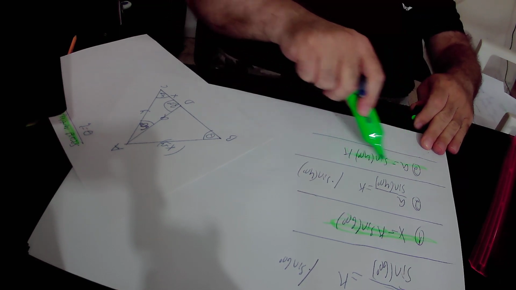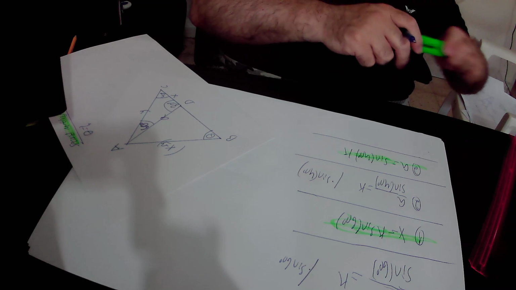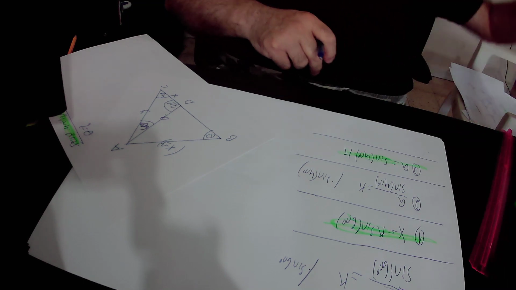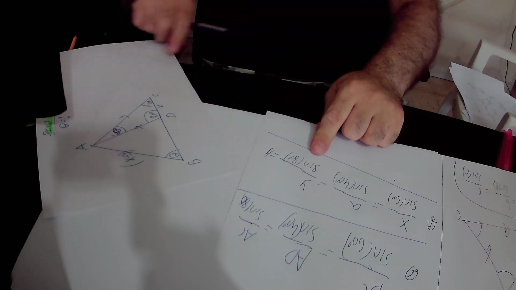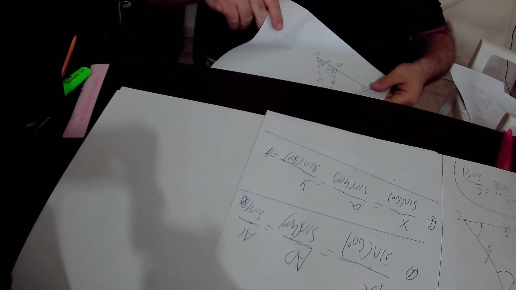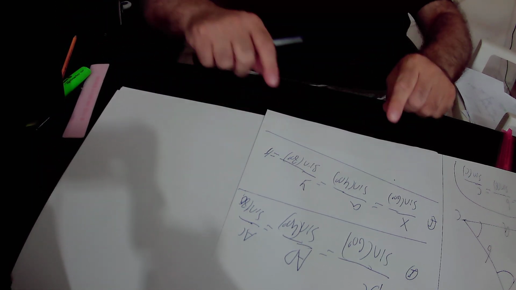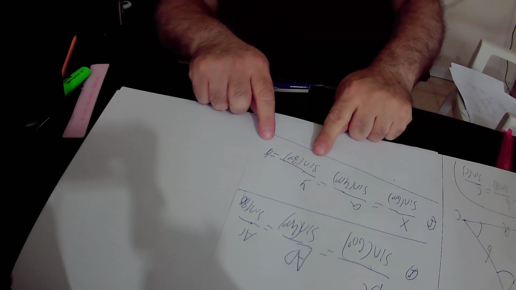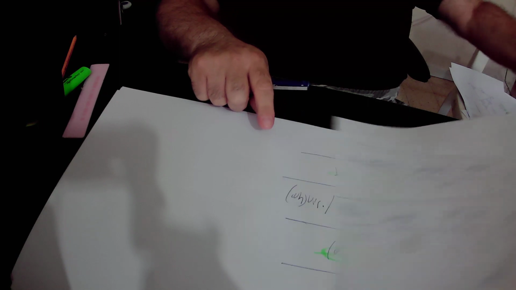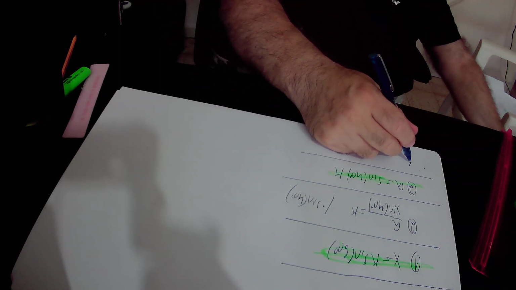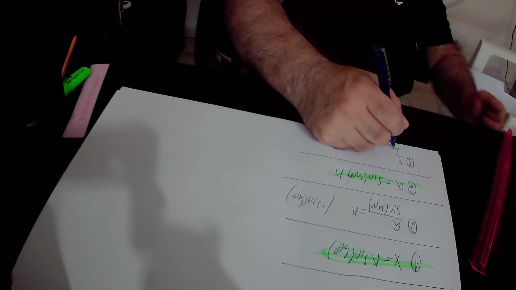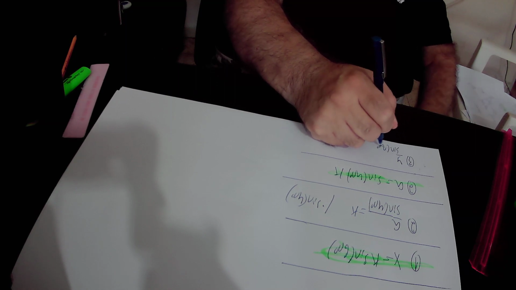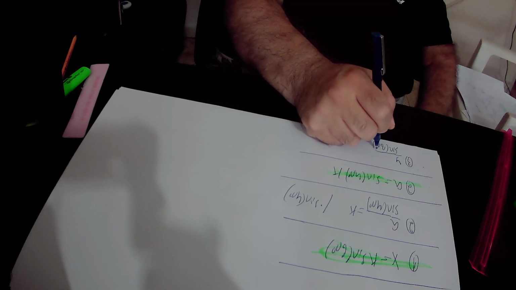And finally, those two expressions are also equal to each other. That is to say, y over sine 80 degrees equals k. So I write it down in equation number 3: y over sine 80 degrees equals k.